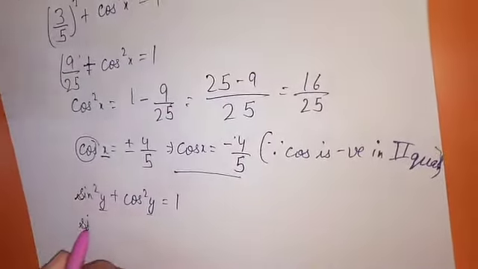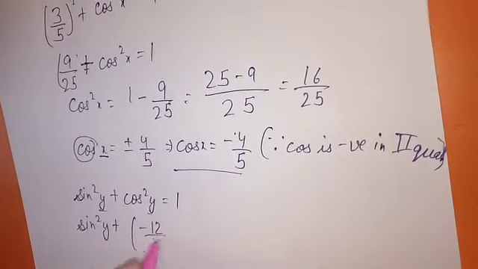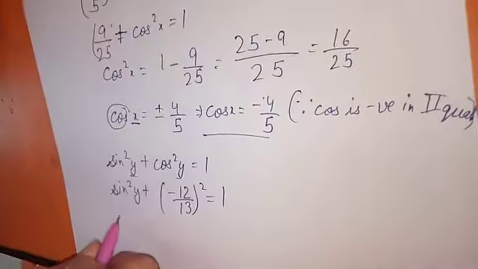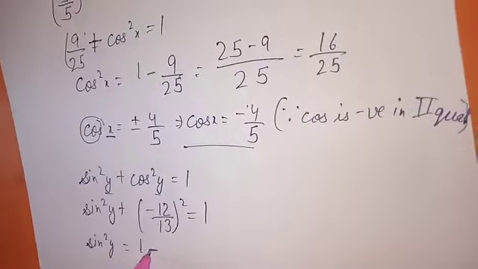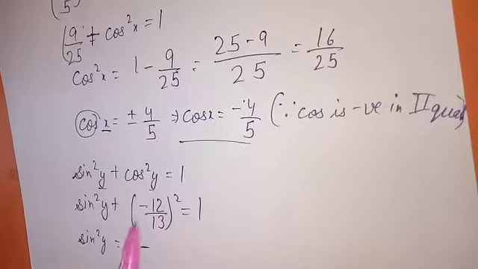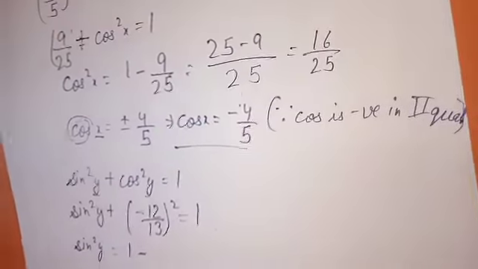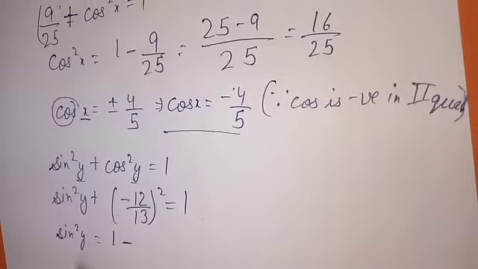So sin square y plus (minus 12 by 13) whole square is equal to 1. So sin square y is equal to 1 minus, because minus square is also positive, and if we take this to the other side of equal to, the sign will change, so it will be minus.